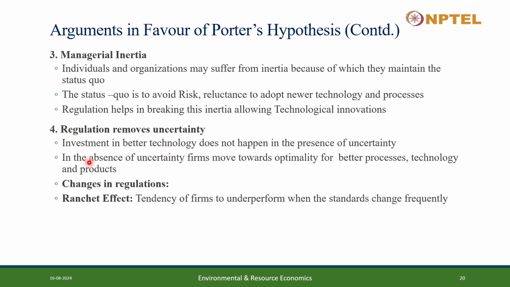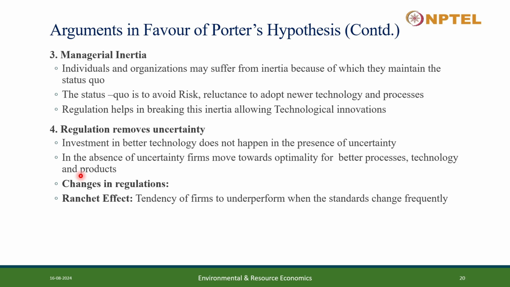The second one is that in the absence of uncertainty, a firm will move towards better processes, better technology, and better products. That is how I'll move towards better SO2 desulfurization methods, or any kind of technology which the firm will try to optimize, so that I don't have to worry about the regulation for a long time.